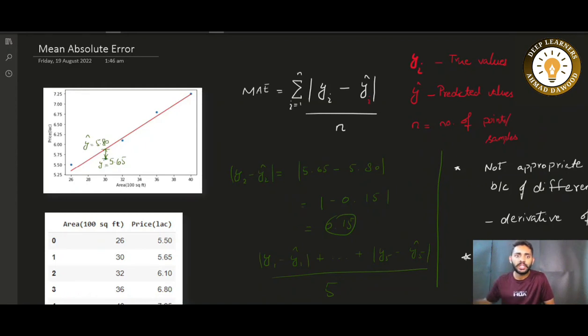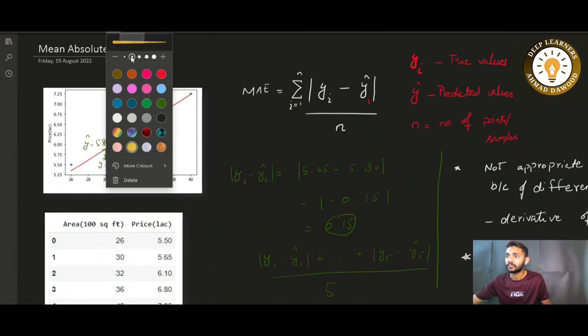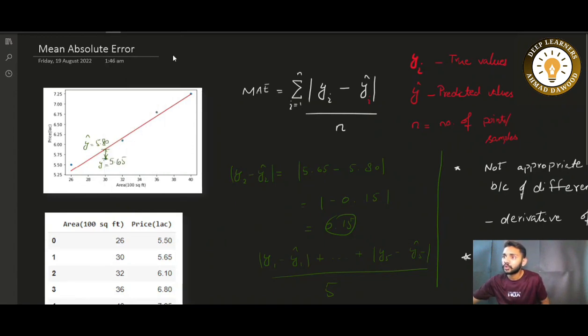From the words mean absolute error, you can get an idea. We usually say error is equal to actual minus prediction. We usually call it error: how far our prediction is from the actual value.